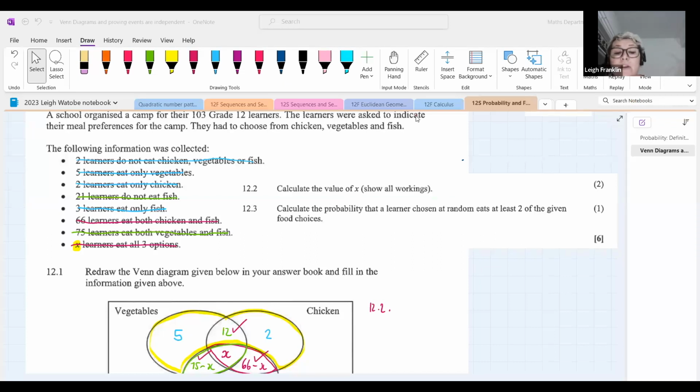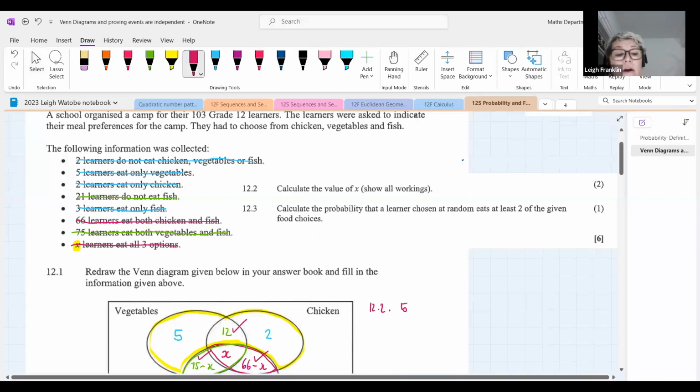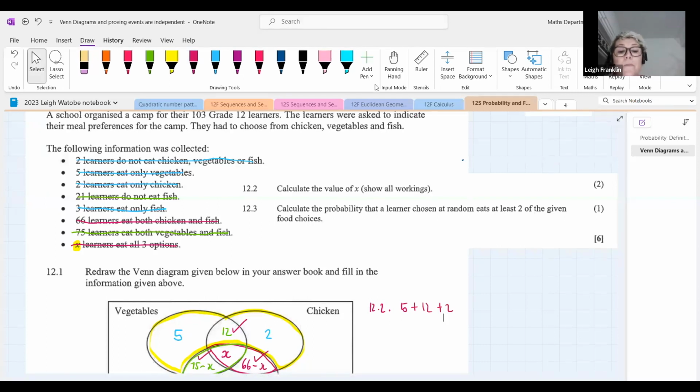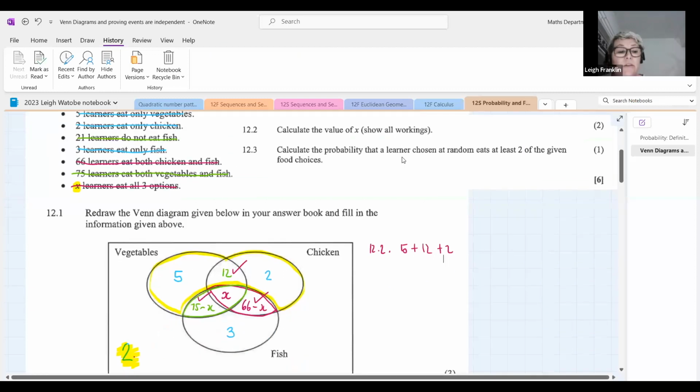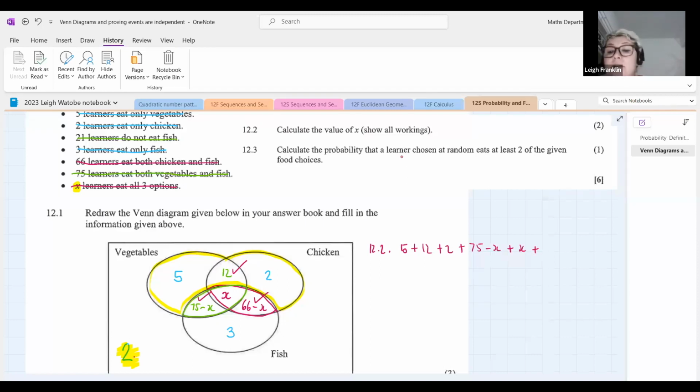Perfectly put. Okay, so we are going to add together 5 and 12 and 2 and 75 minus X and 66 minus X and 3 and 2.